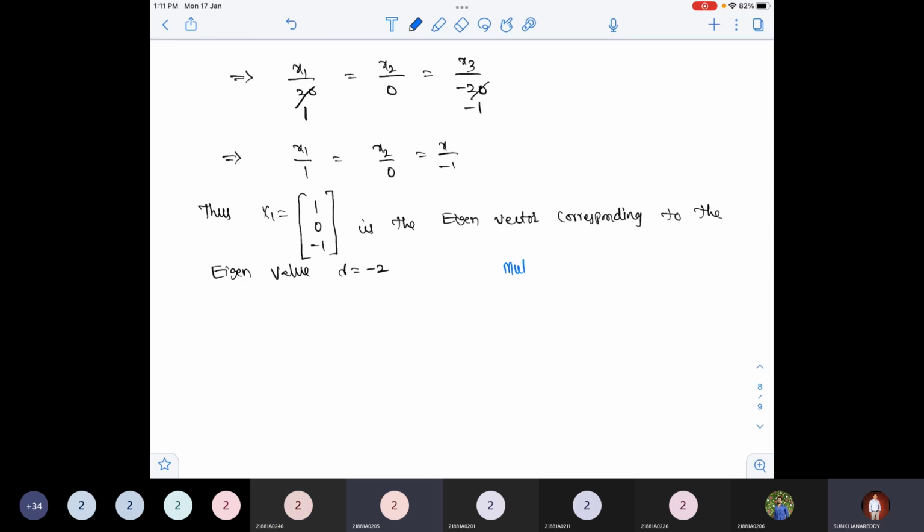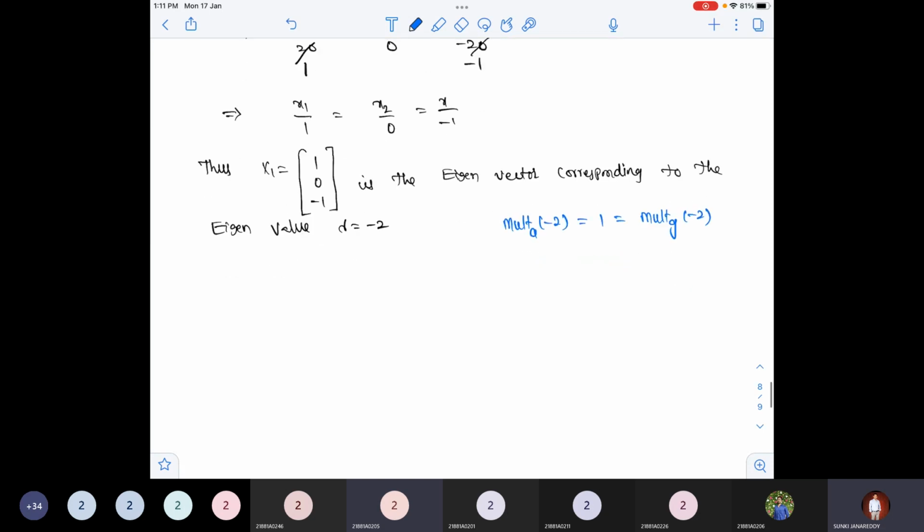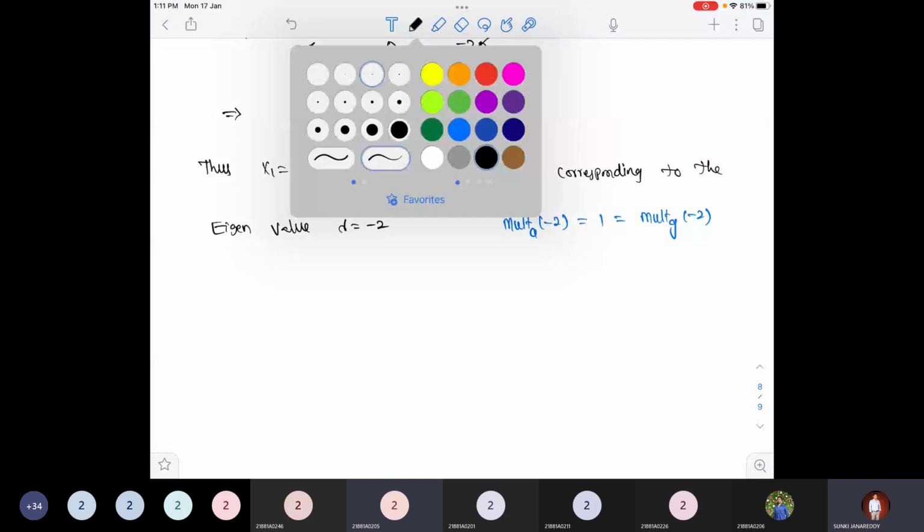Algebraic multiplicity is generally denoted like this: algebraic multiplicity of minus 2 is equal to 1. That one is equal to geometric multiplicity, mult suffix G of minus 2. Now both are equal only, right? Here you need to observe this one. Next one. What about next one?